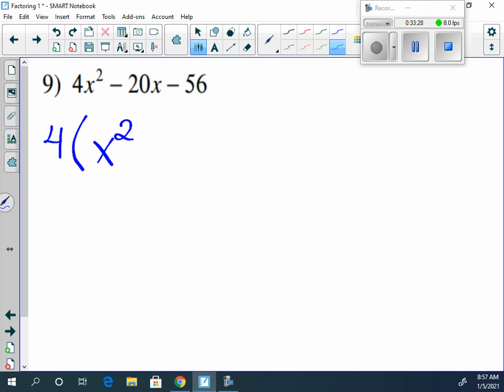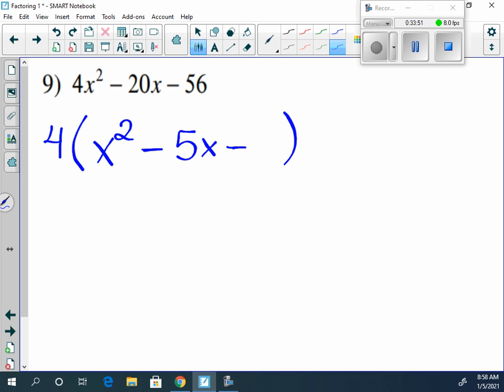Now, negative 20x, if we factor 4 out of it, or negative 20x divided by 4, well, that would give me what? Negative 5x, because 20 divided by 4 would be 5.